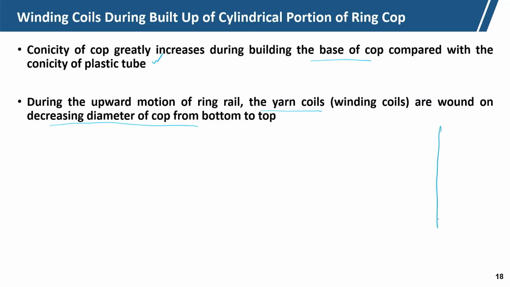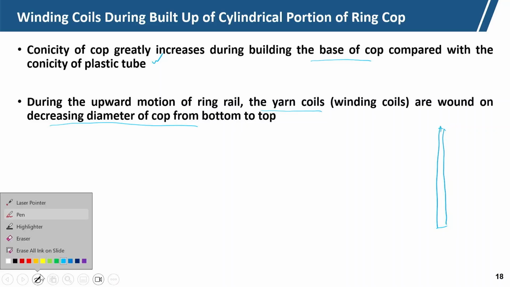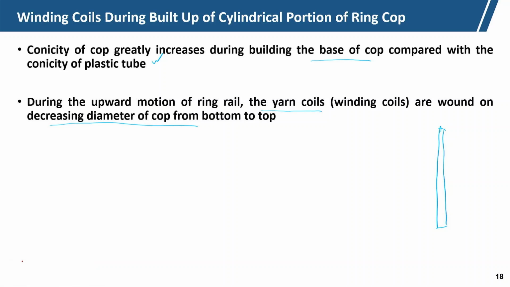So, there is a conicity of the package, but this is not that great. But due to the motion we get the conicity: this is the first layer, second layer will be like this, third layer like this, fourth layer, fifth layer.